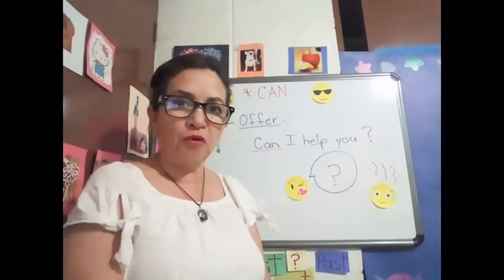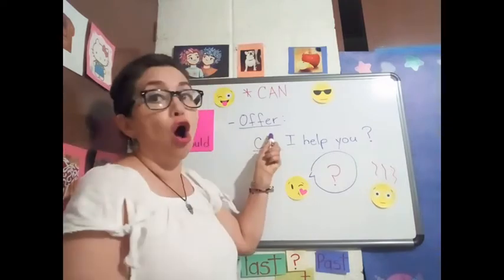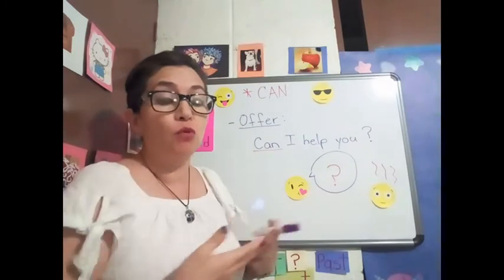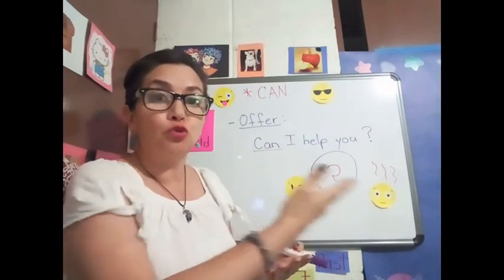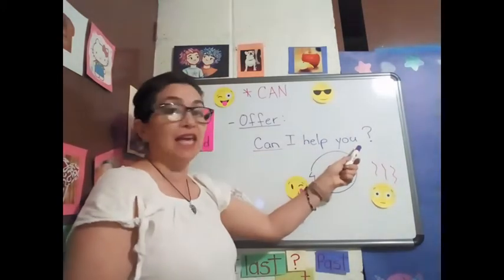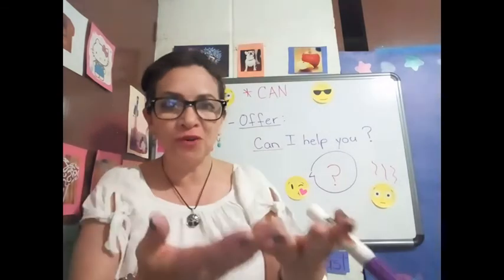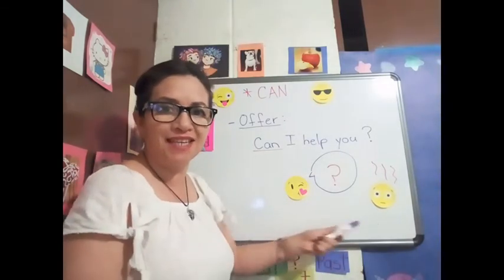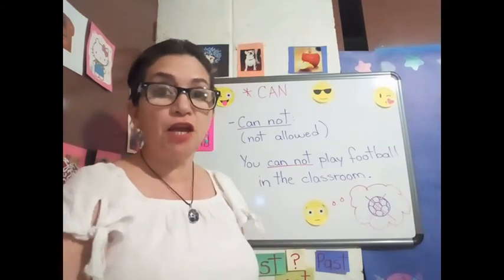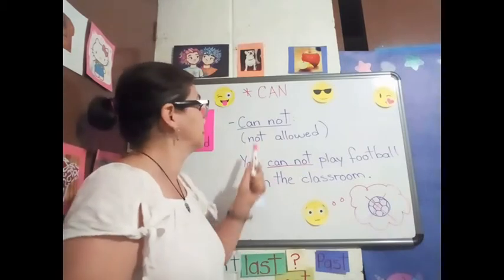Our next form of using the modal verb can is to offer. Now we offer our help, we offer something to another person. Let's see this sentence. Can I help you? I offer my help to someone else. And this is the last form of using the modal verb can.